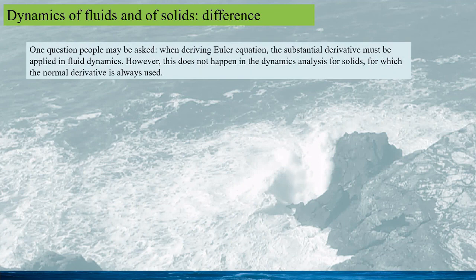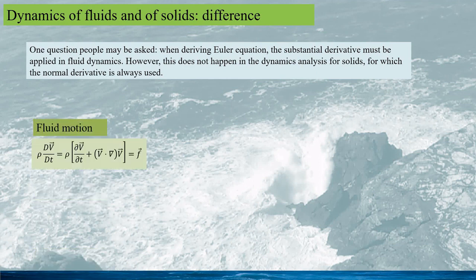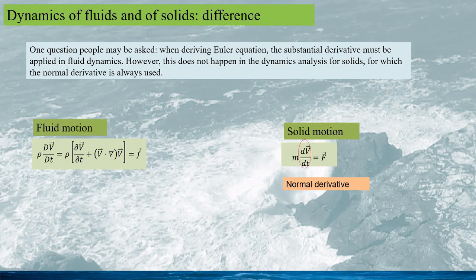In this slide, the fluid dynamic equation and the solid dynamic equation is compared. When we compare the dynamic equation, it can be easily seen for fluid dynamic equation, the substantial derivative for the acceleration must be used. But for the solid motion, only the normal derivative is used.